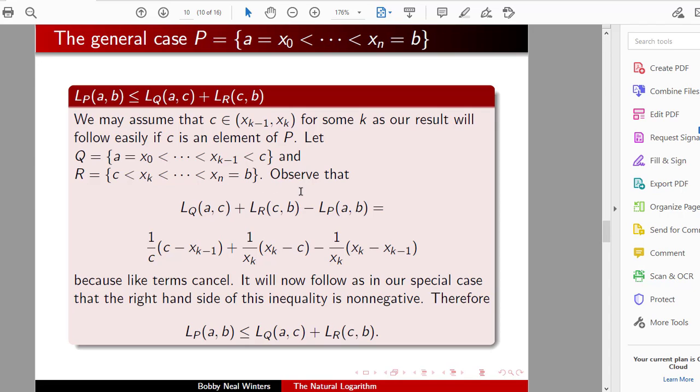And here, what happens is L_P(A,B) has terms in common with L_Q and with L_R. And when we do this subtraction, the only terms that don't fall out are associated with the interval that contains C. And this case then is exactly the same as the special case we proved.